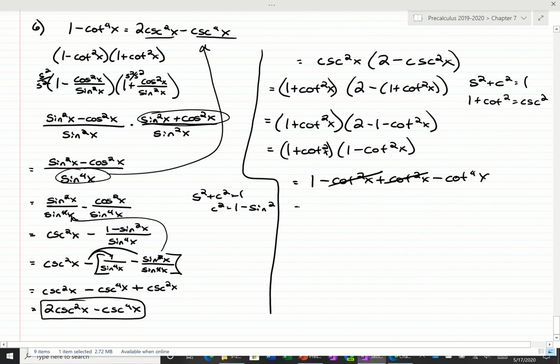These cancel, and you do get the left side. So this one's a little bit easier. I mean, on your test, you're not going to have one at that difficulty level. All right, so let's move on to number 7.